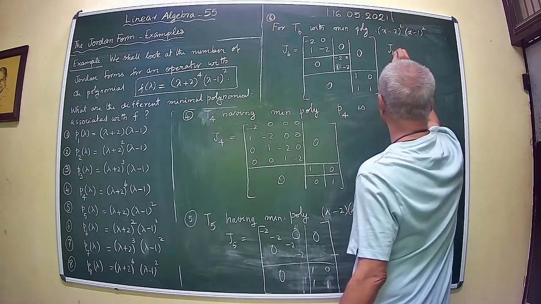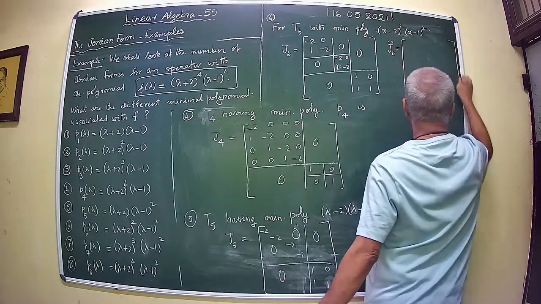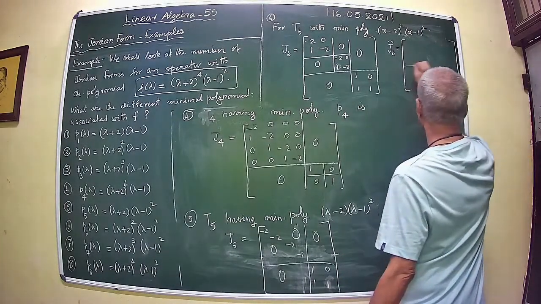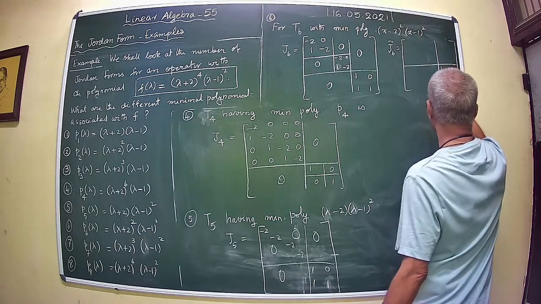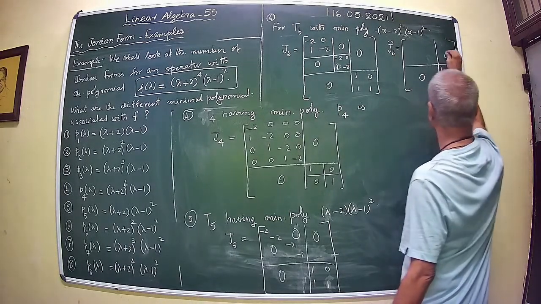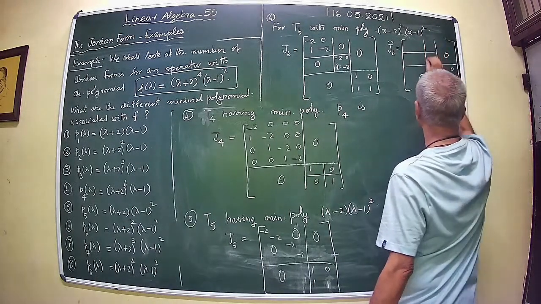And J6 tilde will be something like this, that you have again this breakup. So here it is 1, 0, 0, 1, 1, 0, 0. But this part is going to break up into 3 matrices.